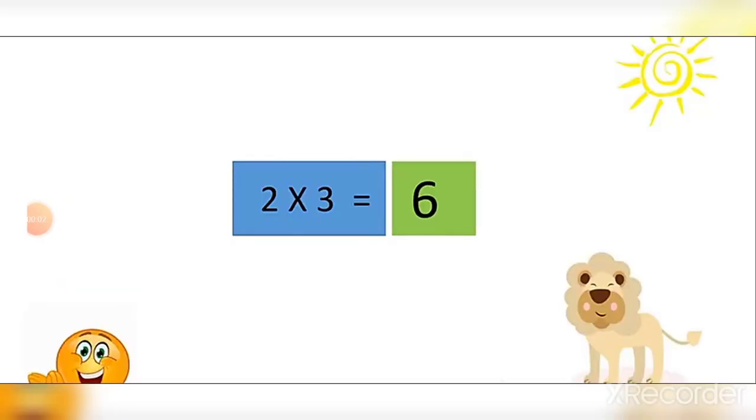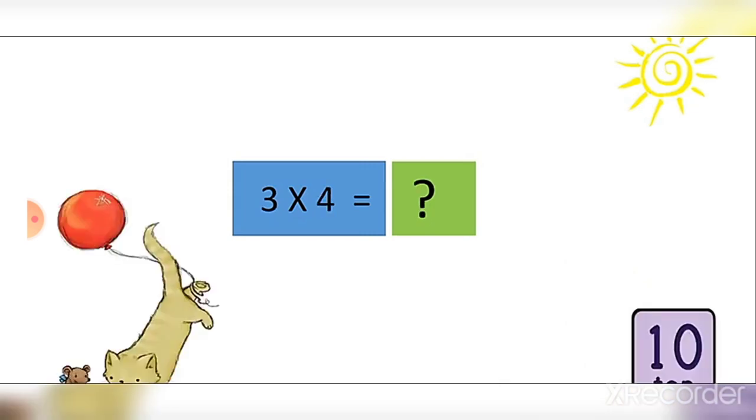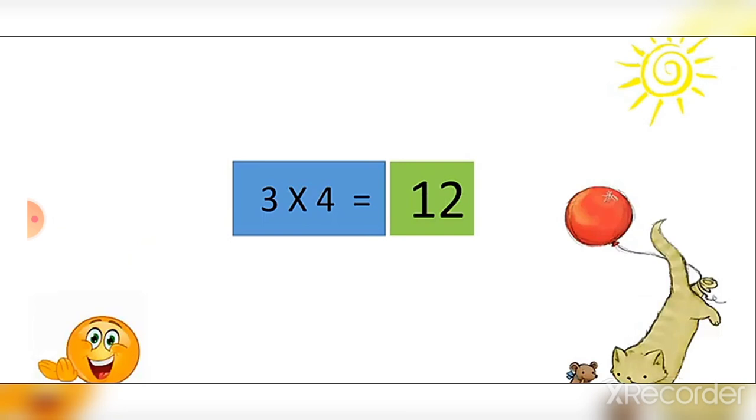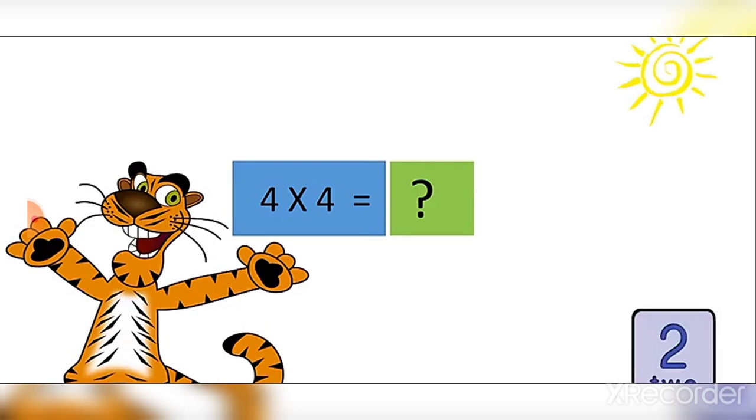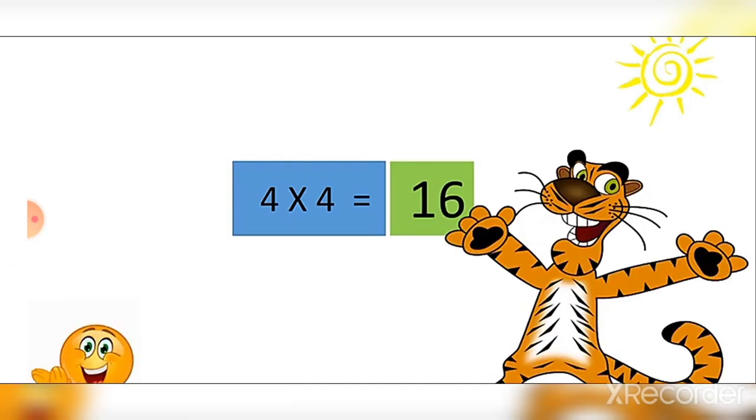2 3s are 6. 3 4s are, what will come? 3 4s are 12. Wow! What comes next? 4 4s are, what will come? 16.